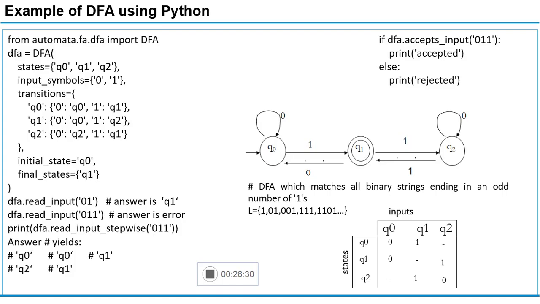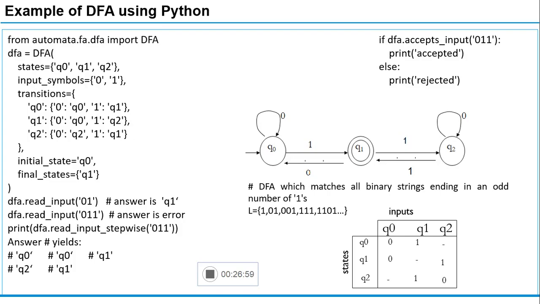Then Q0 reading 1 moves on to Q1. Other than that, it is not moving to Q2 at all, so I am just putting a dash. In the case of non-deterministic finite automata, there is a possibility of putting epsilon also if it reads some empty string. In this case, we don't have such an opportunity, so we just put a dash.